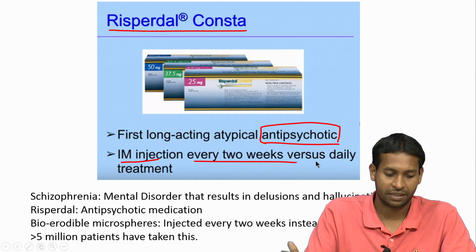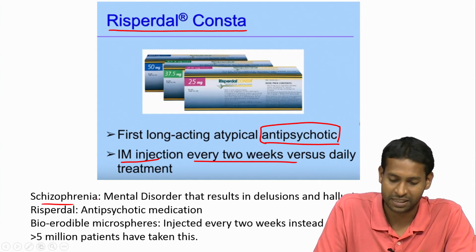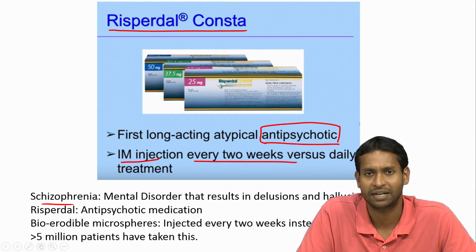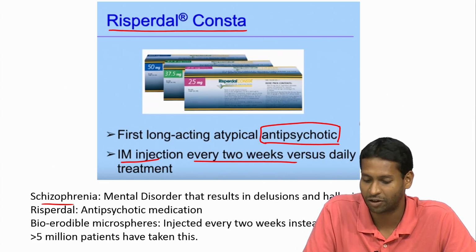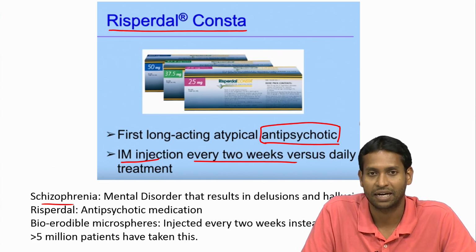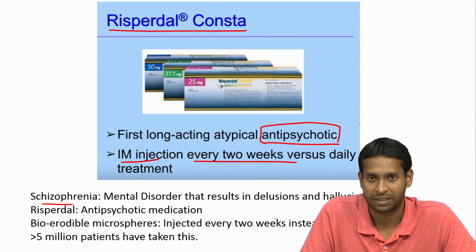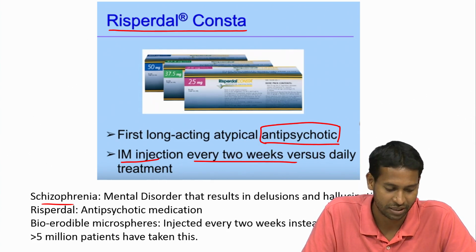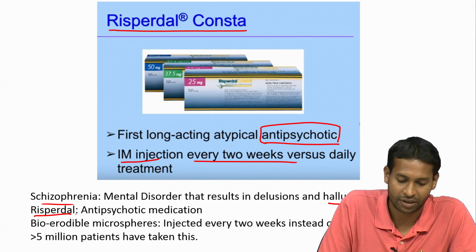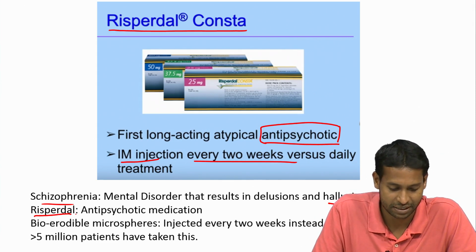It is used to treat schizophrenia, which is a mental disorder that results in delusions and hallucinations. The patients will start imagining things that are not present. Those are hallucinations, and Risperdal is an antipsychotic medication, as I just briefly discussed.